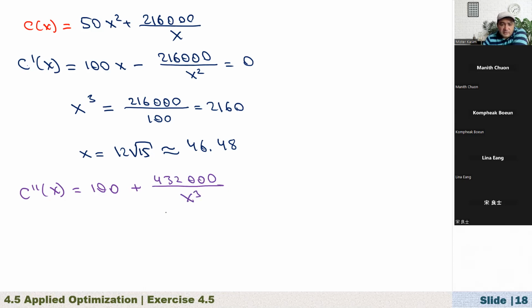At this point, x equals 12 square root of 15, and C double prime is positive. So at this point our function is concave up, so it minimizes. It has a minimum value.